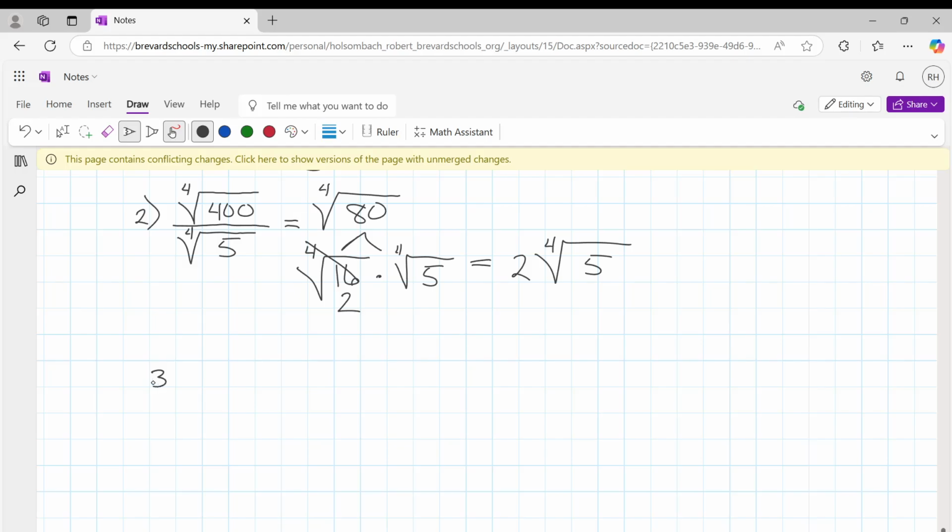Problem number 3. Third root of 270 x to the 20th over the third root of 5x.